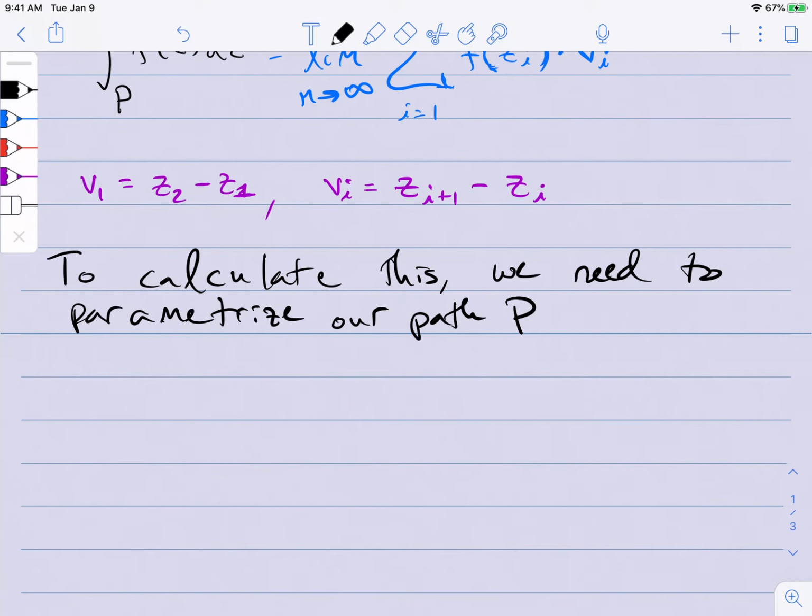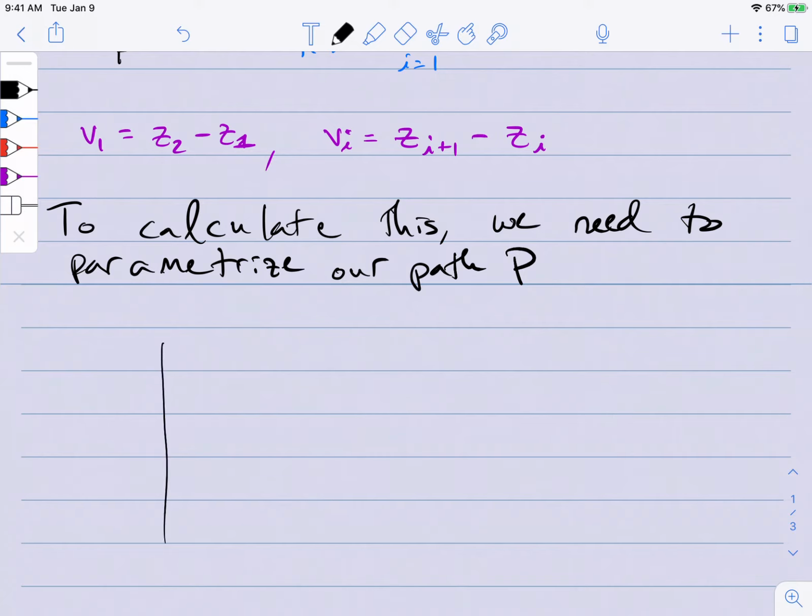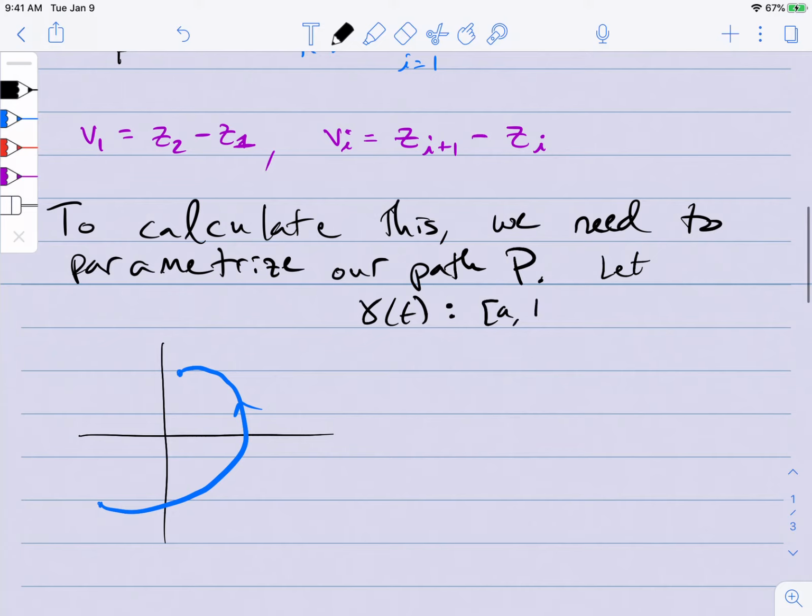So let me draw a picture of the domain of our function again. Here is our path p. And remember from chapter 1, a parameterization is a function from an interval into the complex numbers whose image is this path. So let's let gamma be that function, depending on the input real number t, and it goes from some interval a to b.